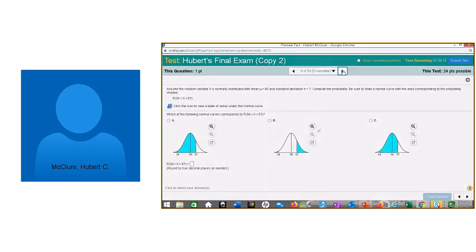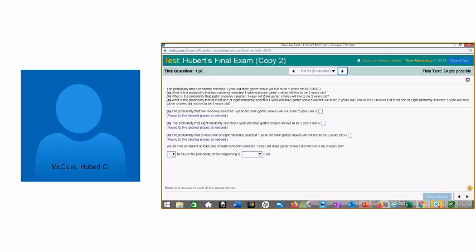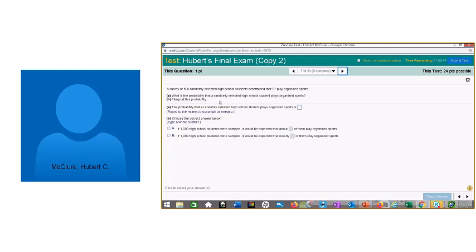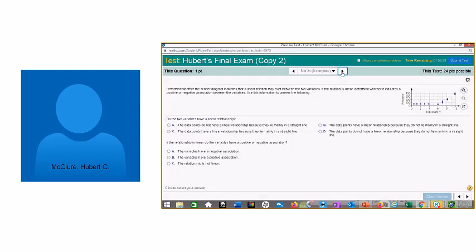Chapter 7. This looks like z-scores. Yeah, that looks like z-scores. NPX, binomial, since it's equal to, that will be precise, binomial PDF. That's probability. That's pretty simple. That's correlation.